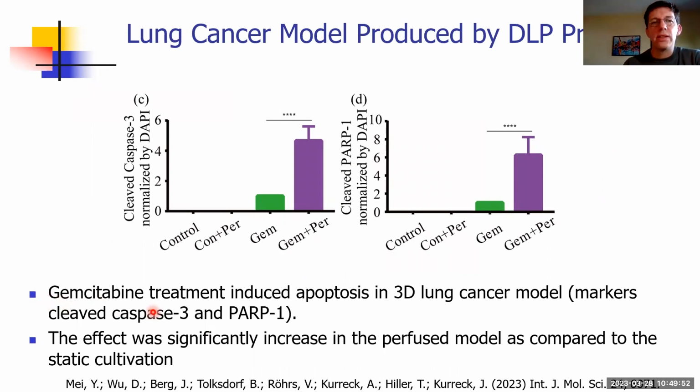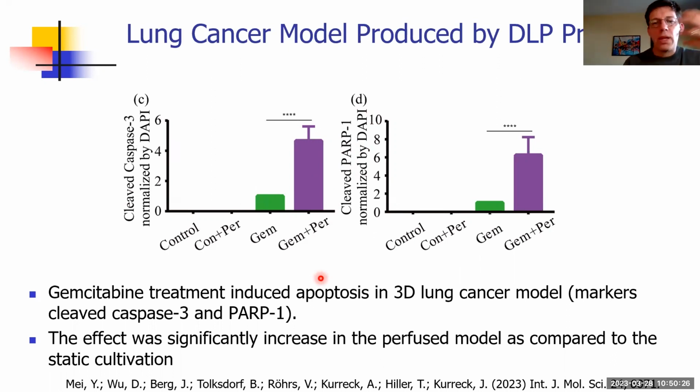In this case, we have a lung cancer model, so we used a non-small cell lung cancer cell line, and we then added gemcitabine to the model, and there was a substantially and statistically significantly higher induction of apoptosis in our cells upon perfusion as compared to the static cultivation, and that can be confirmed with caspase-3 as well as with a second apoptosis marker, PARP1.